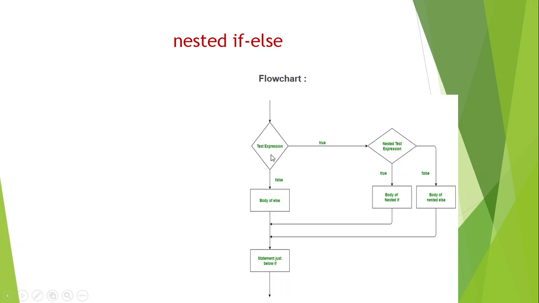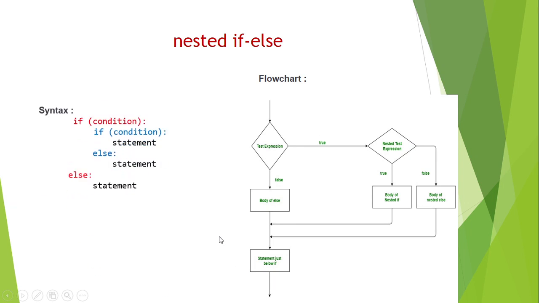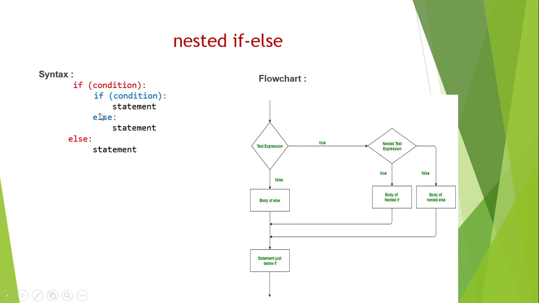First the test expression is evaluated. Then if this evaluates to true, another nested test expression is checked. If this is true, its if block is executed, the block of the nested if. If it evaluates to false, the body of the nested else is executed, and then we go to the statement just below the if and else. Syntax would be like this: the outer if is in red color.